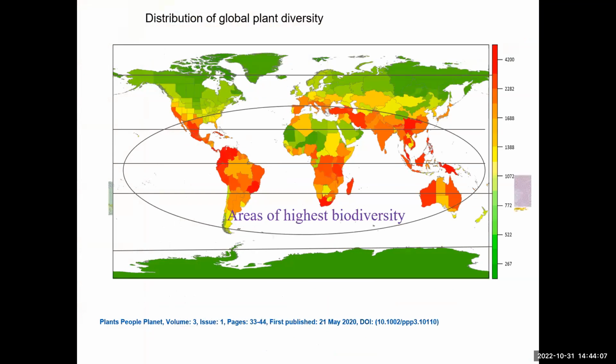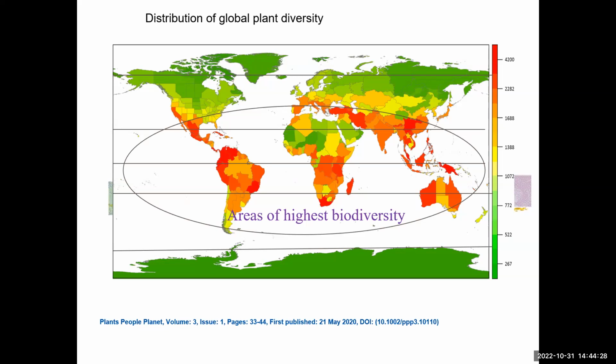So I'm showing this map, which indicates the diversity distribution, how our plants are distributed globally. And you can see the red areas. That is where we have high biodiversity.